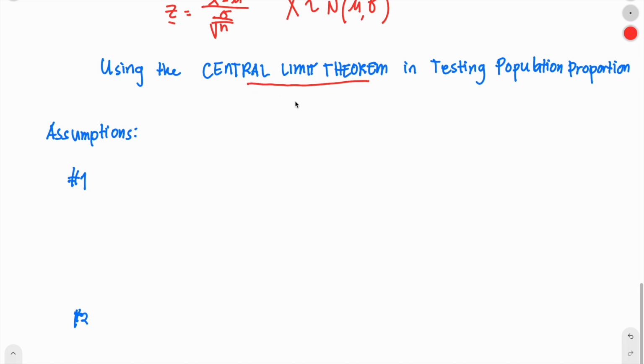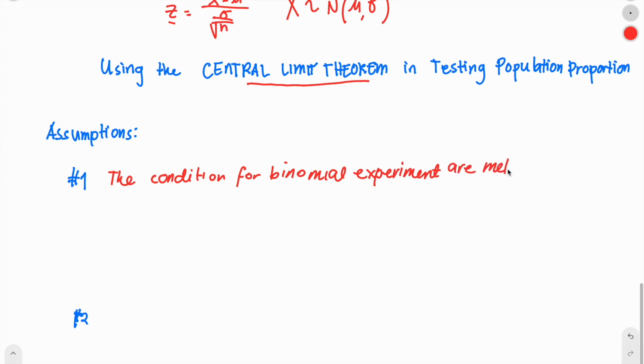The first condition is, I'll write it here: the conditions for a binomial experiment are met.